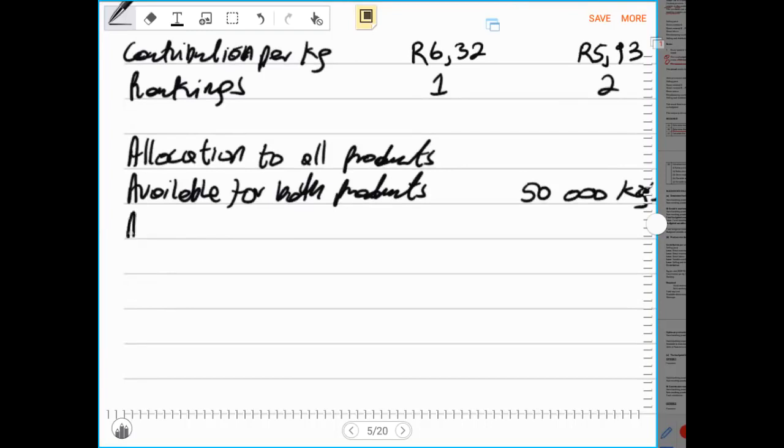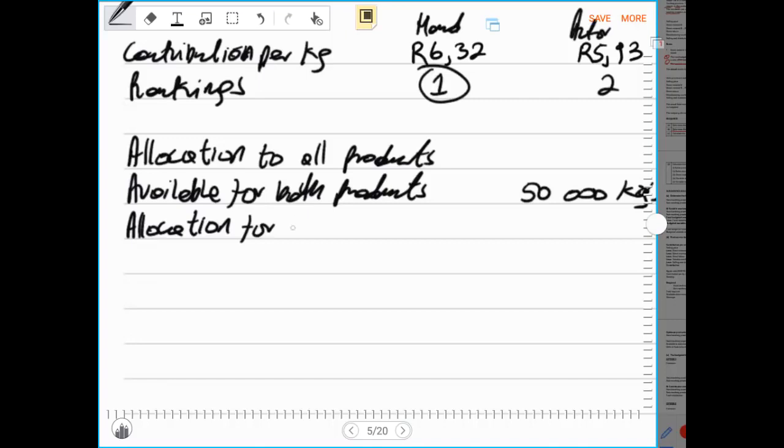Then under allocate, we say allocation for the first product that was ranked number 1, which is allocation for hand washing powder. Remember, this is hand, this is auto.